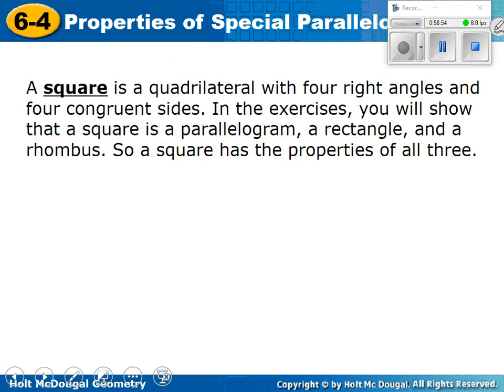Here's square. Okay, last property. So on your notes, use a different color. We're going to write down square. And the first one's going to be the definition.